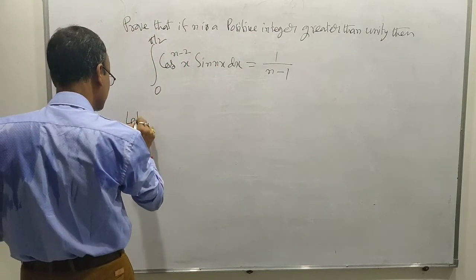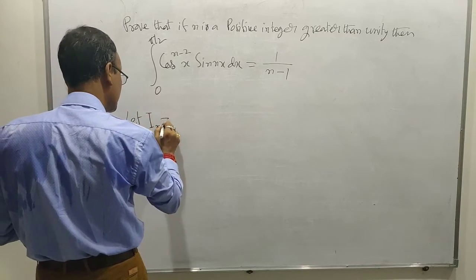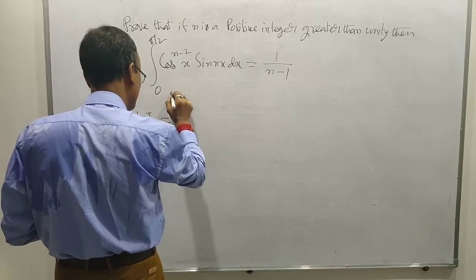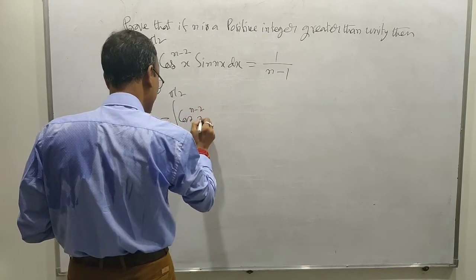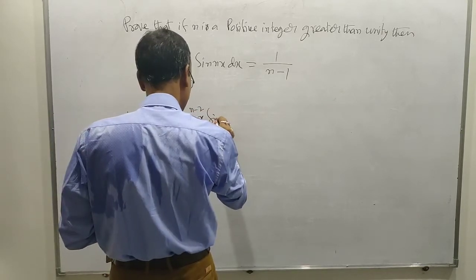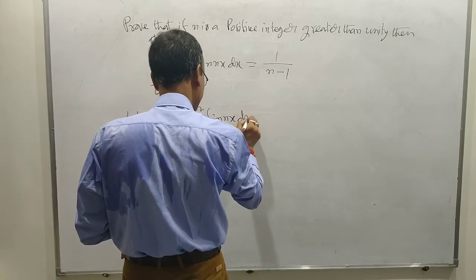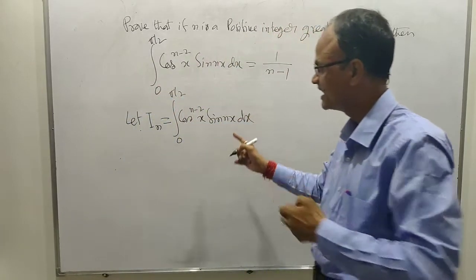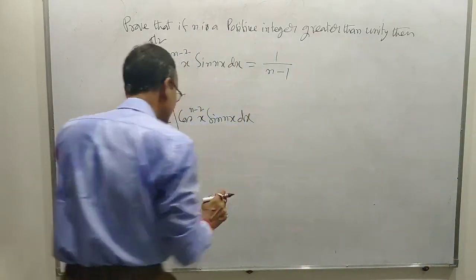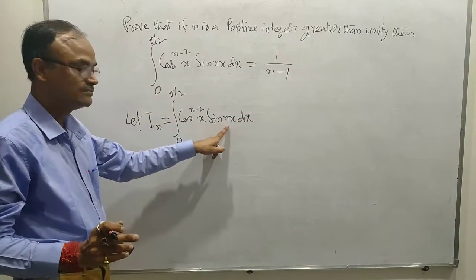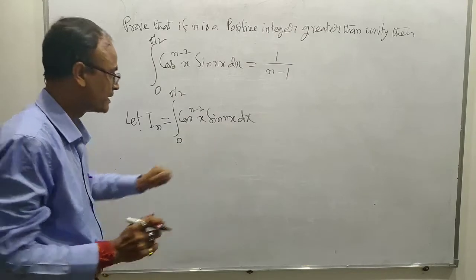Let I_m be equal to the integration from 0 to pi by 2 of cos to the power n minus 2 x sin nx dx. Suppose this one. Integrate this by parts, taking sin nx as the second function.